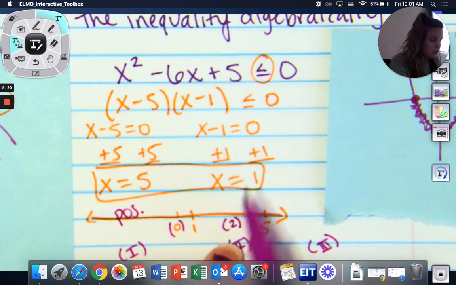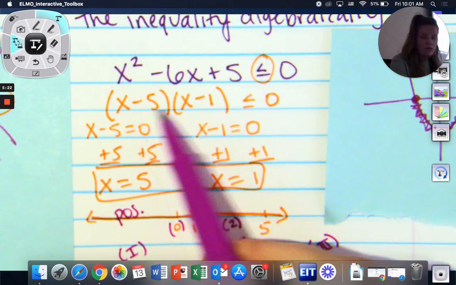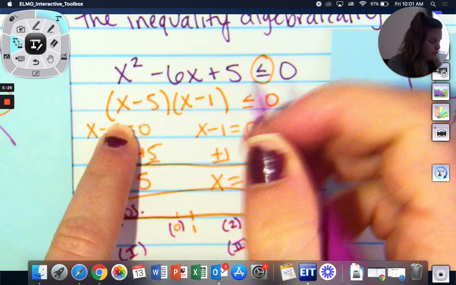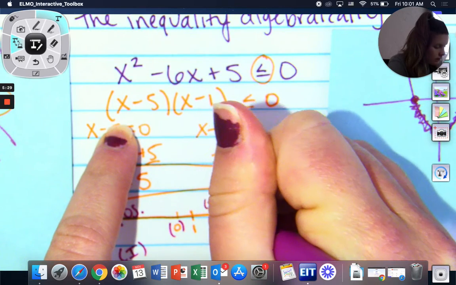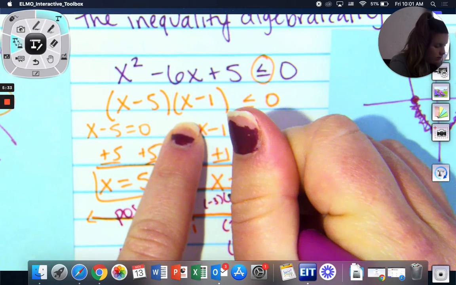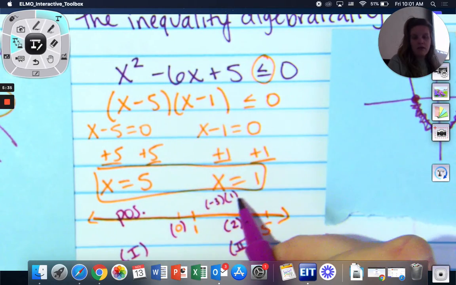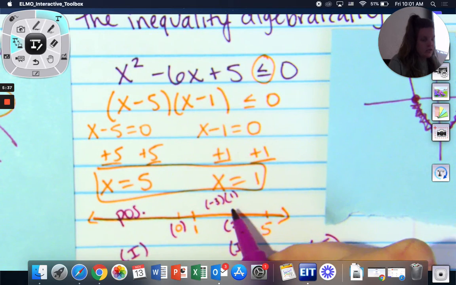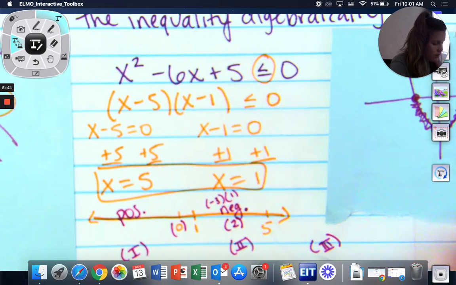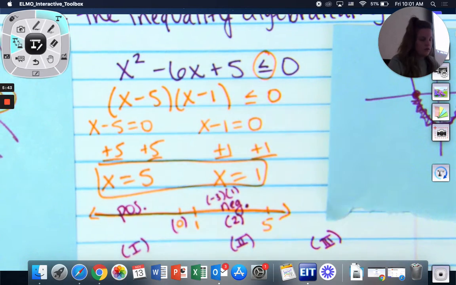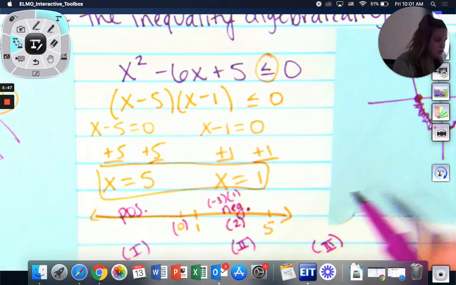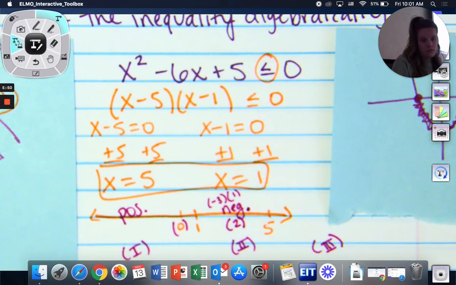When I plug in 2, I'm going to plug it into the factored form so you can see it works the same way. 2 minus 5 is negative 3, times 2 minus 1, which is 1. Negative 3 times 1 is negative 3, so that represents a negative solution for section 2. So section 1 is positive, section 2 is negative, and for section 3, we need anything bigger than 5, so I'll just plug in 10.